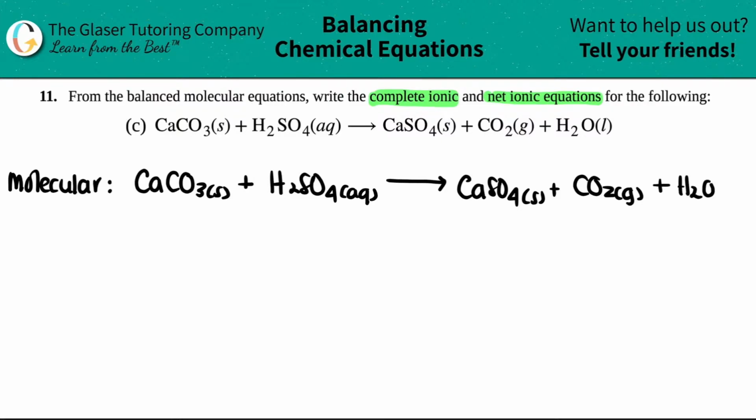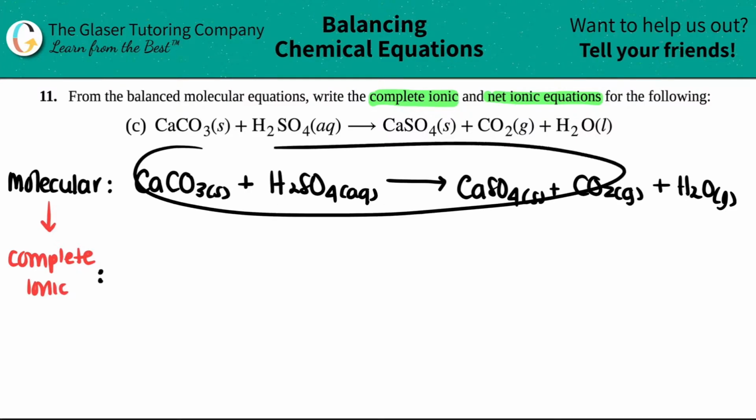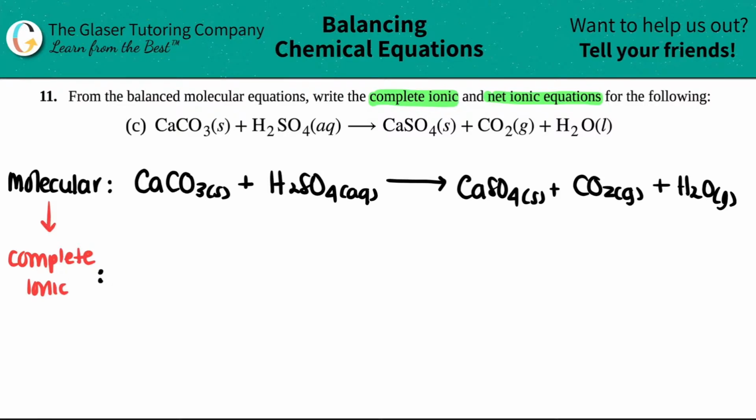Let me just finish writing this out. Perfect. So from a molecular equation, we could always go for the complete ionic equation. And what that is, you're now starting to turn your molecular equation that didn't have any charges or ions into a formula that has ions in it.